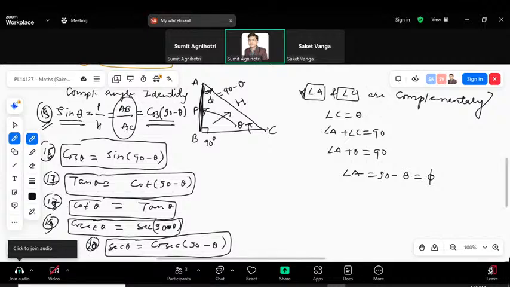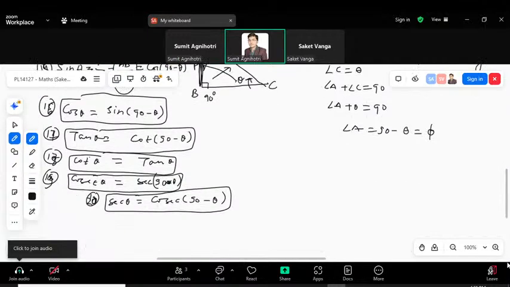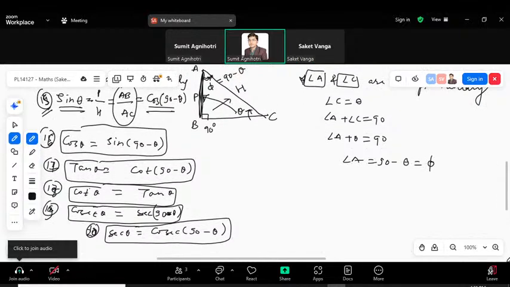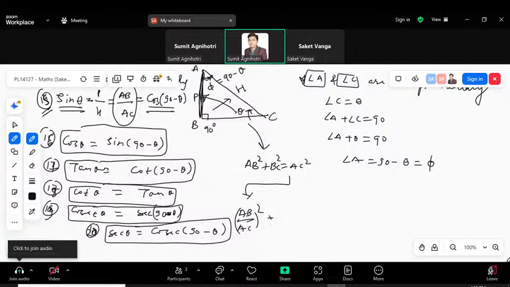And there are some other identities as well that we can derive from here only, because from here you can write AB square plus BC square as AC square. And now from here I will ask you to do 3 things. First, I will ask you to divide by AC square. AC square by AC square becomes 1.